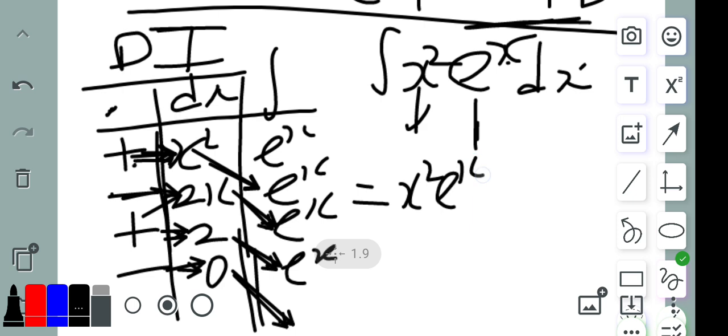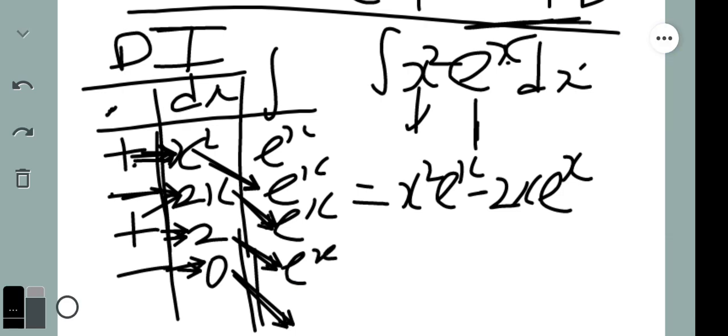And minus times this will give me minus 2x exponential x, and also from here we have plus 2 exponential x, that's plus 2, sorry.